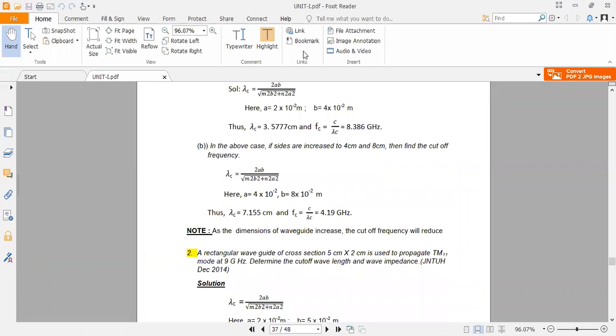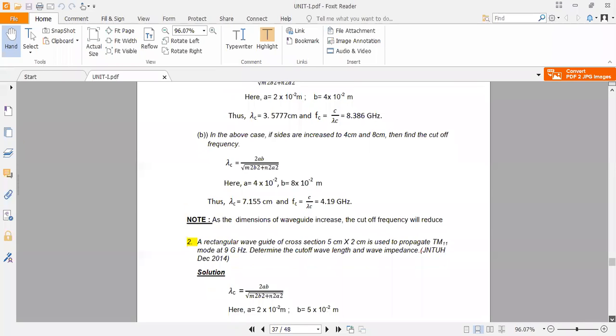Any difficulty, any problem? Understood? Because these expressions we already derived in previous classes. We are using those expressions just to simply substitute and get the value. Okay? Any difficulty? Understood? Yes, ma'am.